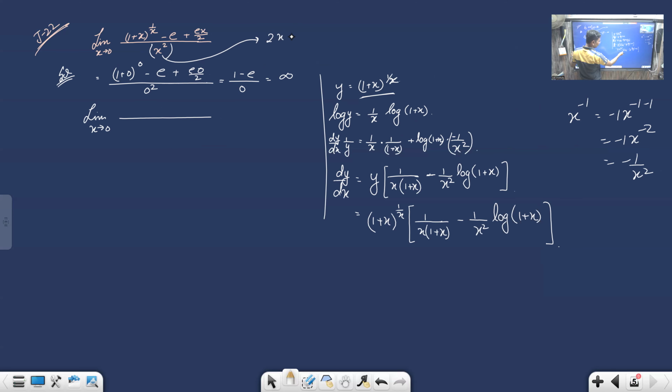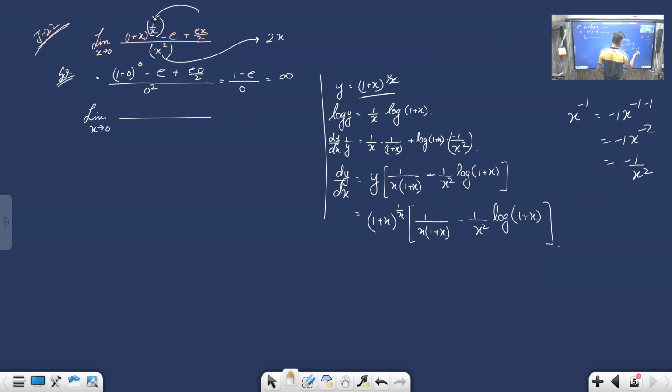Are you getting x common in the numerator? I think this 1 by x should be x. There is a misprinting in your question paper. But let us see. We won't judge yet. Let's split it and see that first.